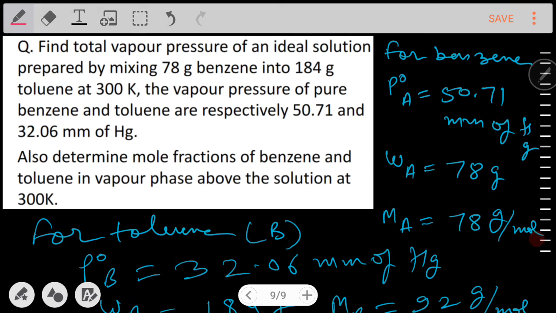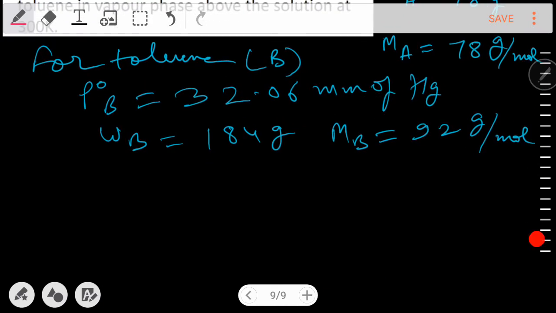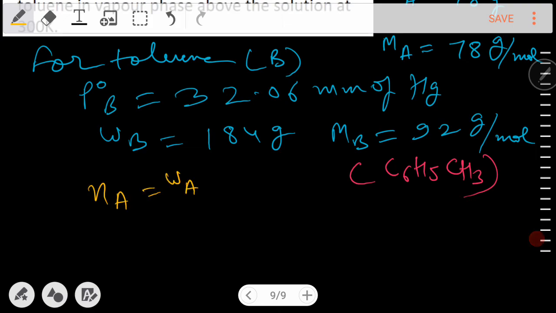The formula of benzene is C6H6, whereas for toluene it is C6H5CH3. Okay, so using these formulas we have determined the value of their molar masses. Now first of all we will determine the number of mole of each component in the solution. So Na is Wa by Ma.